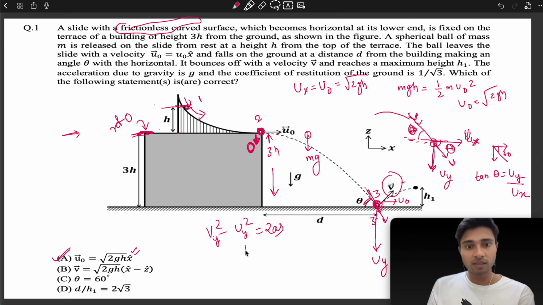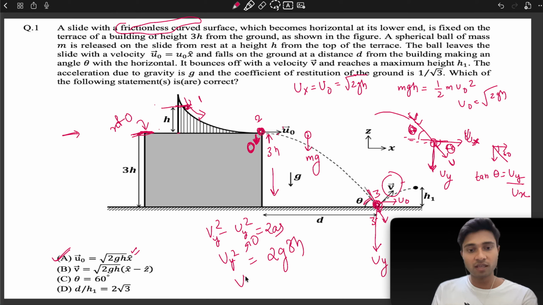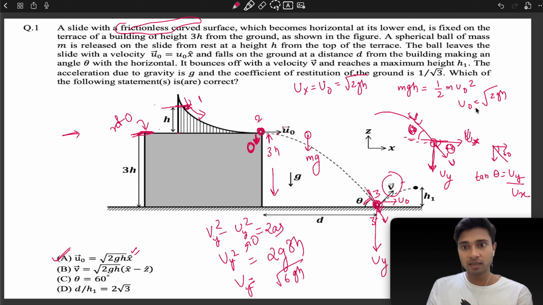So this is 0, and uy square is equal to 2as. a is acceleration, displacement is 3h, so vy is equal to root 6 gh. And what was the velocity in the horizontal direction? Velocity in the horizontal direction is root 2 gh, and velocity in the y direction is root 6 gh.